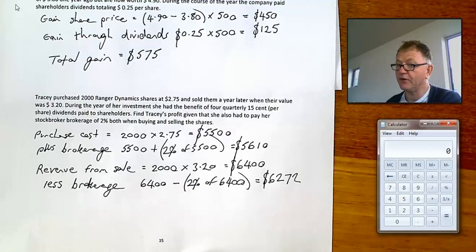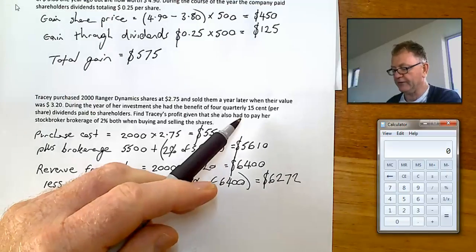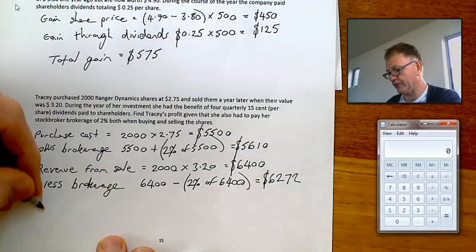So she bought them for this much, she sold them for this much, there'll be profit for her that way. But she also made some money as well, because during the year the company paid her 4 quarterly dividends of 15 cents per share. So we'll need to add that into her profits as well. Let's work out a total profit.